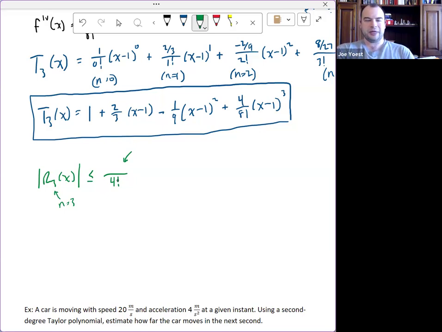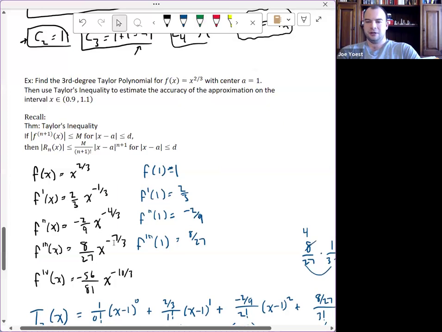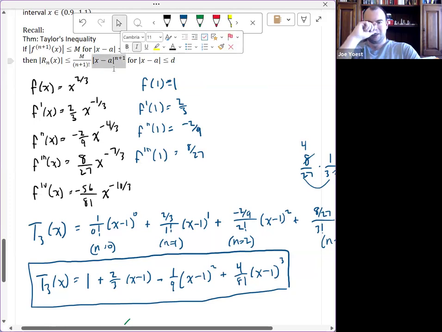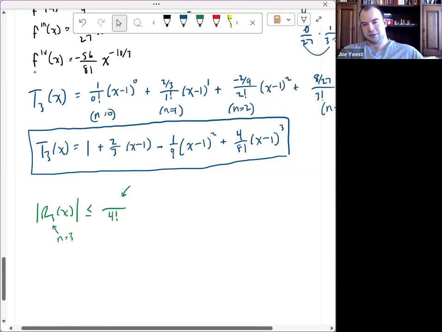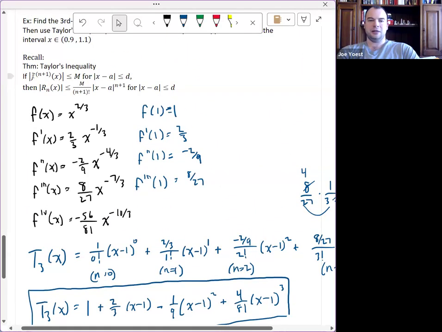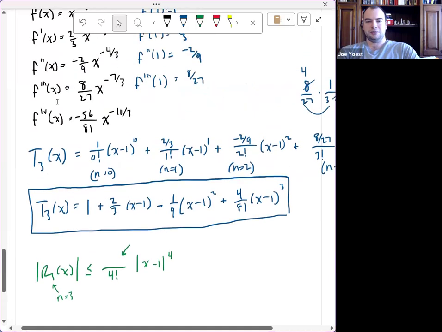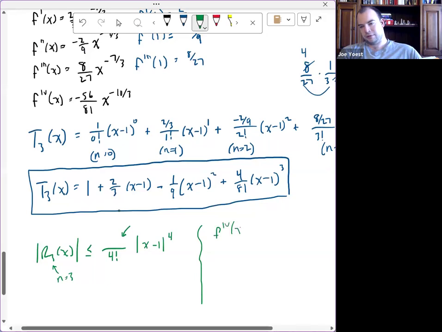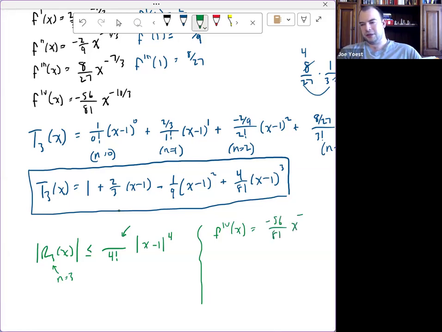Remember, the remainder bound looks like the first thing we leave off, right? The next term would have been the fourth derivative over 4 factorial times x minus a to the fourth. But here we have times the absolute value of x minus 1 to the fourth. The numerator, this M here, is the upper bound for the n plus first derivative. So what is my fourth derivative? That is negative 56 over 81, x to the negative 10/3.